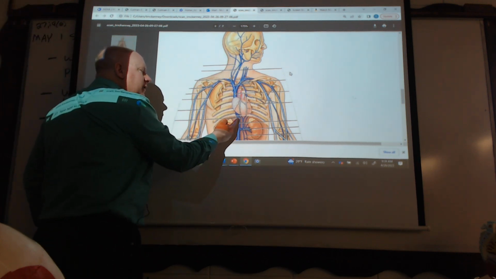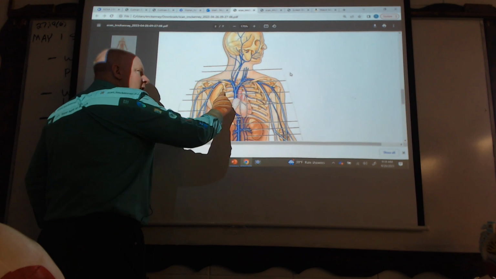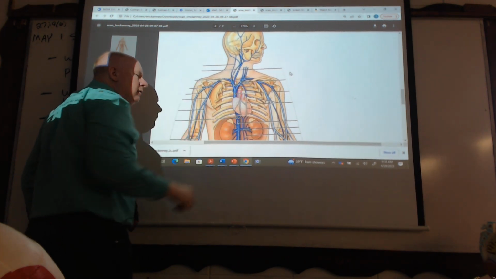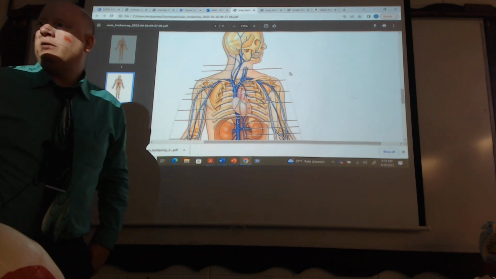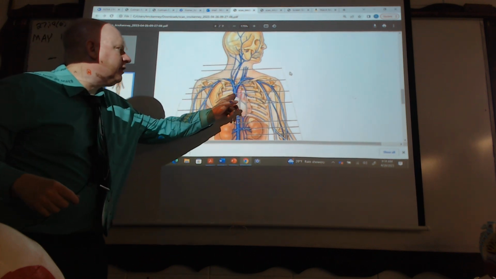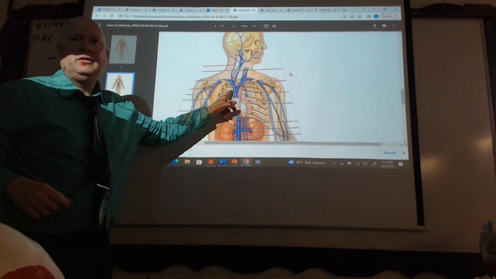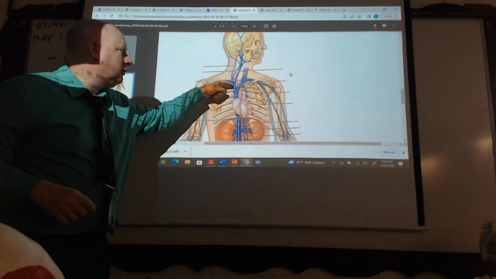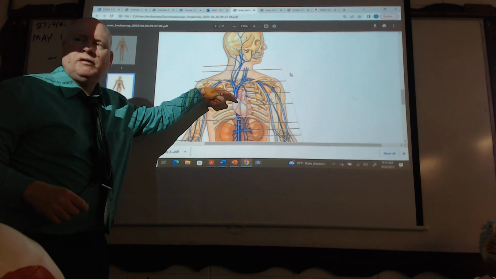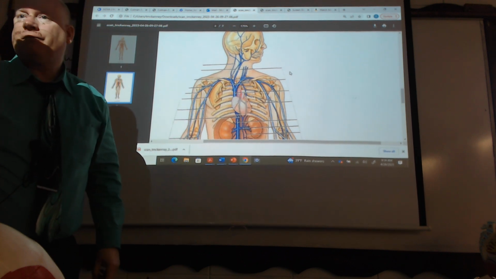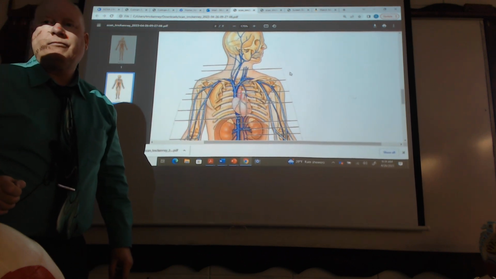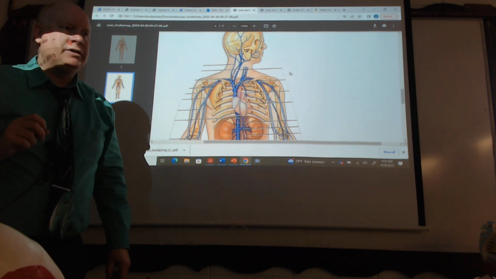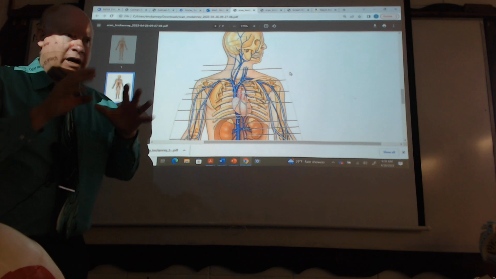why does this loop around and then come back to the top? When blood is going away, it's got a curvature here, it's right there. But why doesn't the vena cava come back and have a curve and dump into the right atrium? The answer to that was with that diagram model yesterday.